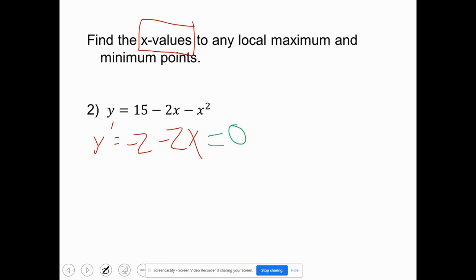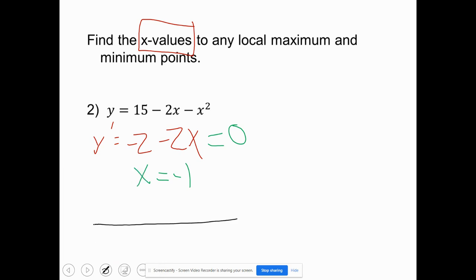Take that derivative, set it equal to 0, and solve. I got x equals -1. Now, not in every problem are you going to get x equals 1, -1, or 0. Those are the more common values that we get. It just so happens in these examples we got that.